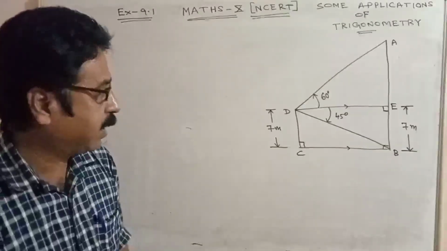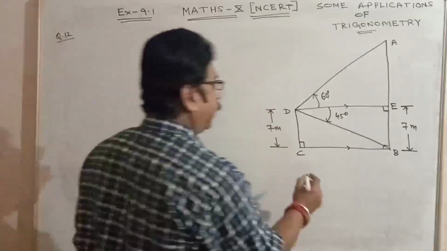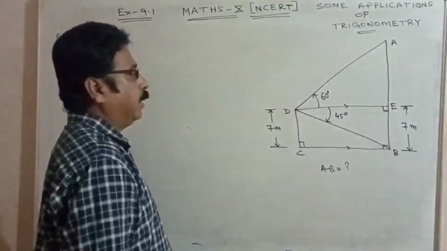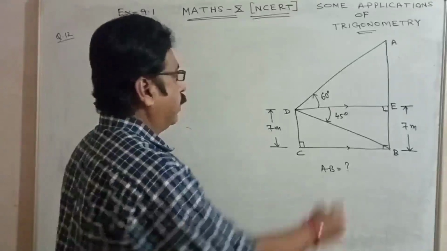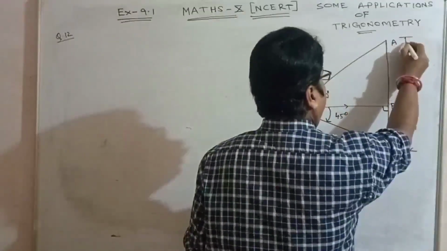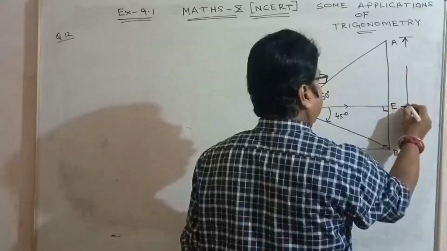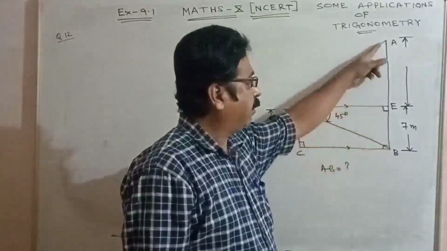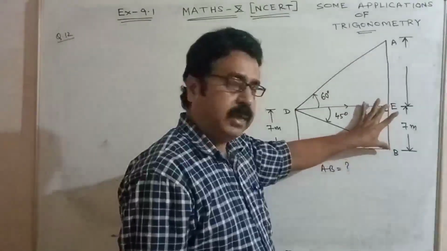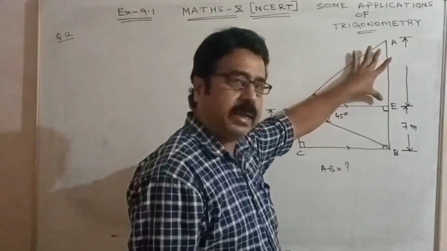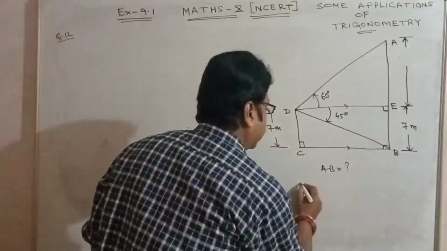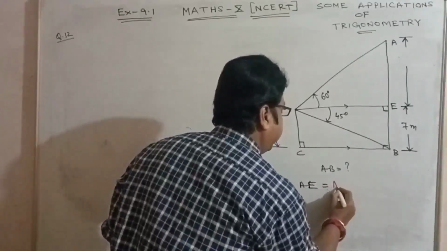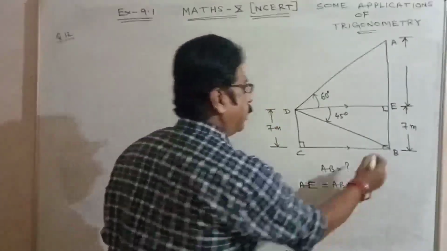Determine the height of the tower. What is the height of the tower? AB, we have to find. Total is AB. From AB, if we subtract BE, we will get AE. AE equals AB minus BE.